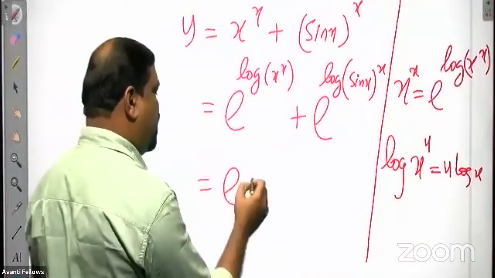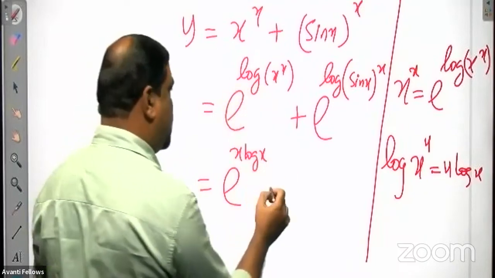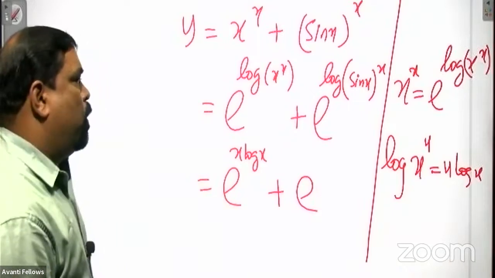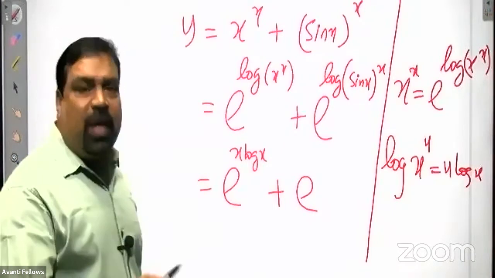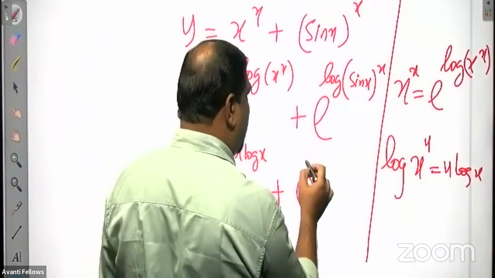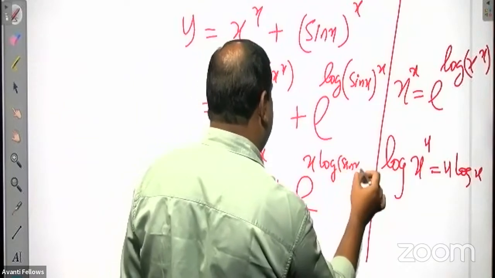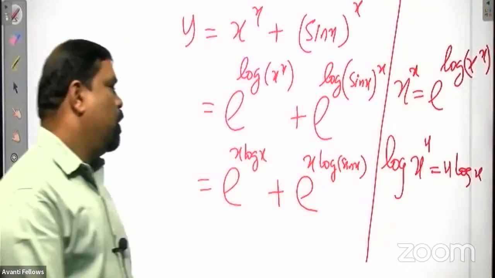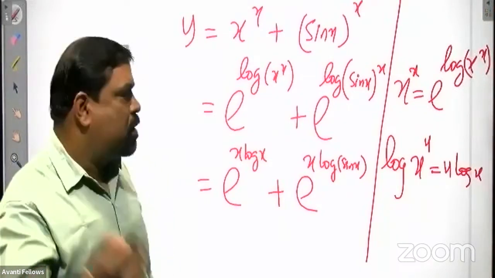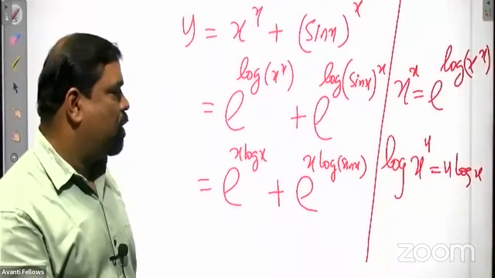So log of x raised to x stands for x log x, giving e raised to x log x plus e raised to log of sin x raised to x, which is e raised to x into log sin x. Same property: log of x raised to n is n into log x.